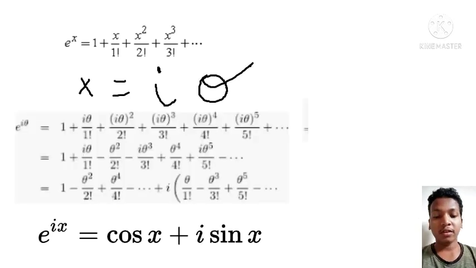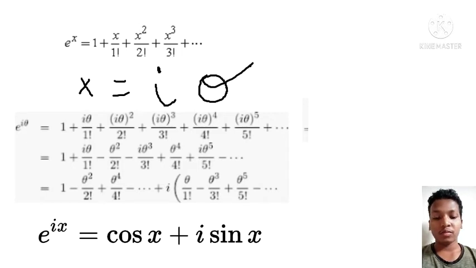We use the following expansion series of e to the power x. e to the power x equals 1 plus x plus x square by 2 factorial plus x cube by 3 factorial, and so on to infinity. Now we assume that this expansion holds true even if x is a non-real number.